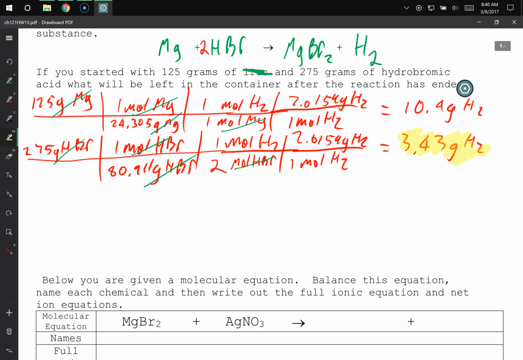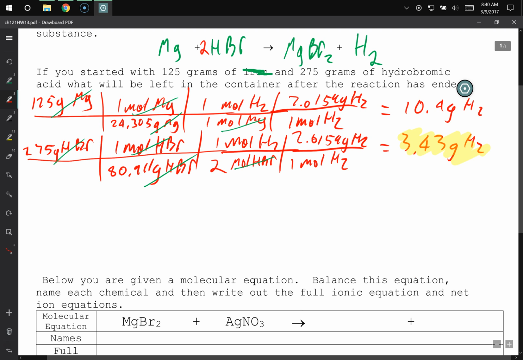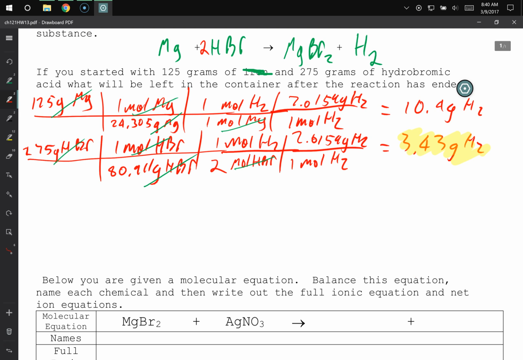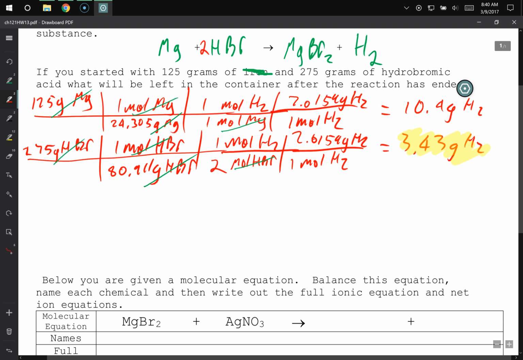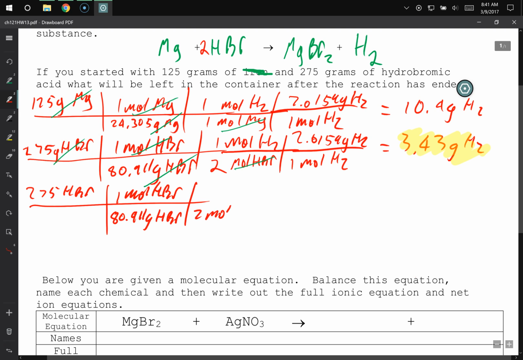So we're going to have to do more railroad track. I don't care about the magnesium amount anymore because that's not going to tell me information. So I'll go ahead and do 275 of HBr, 1 mole HBr, 80.911 grams of HBr, and 2 mole HBr.